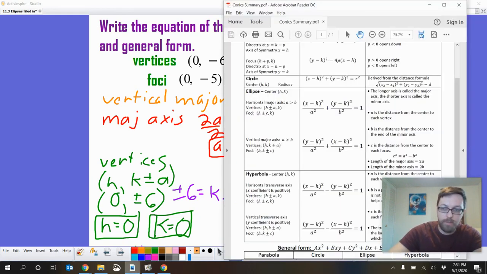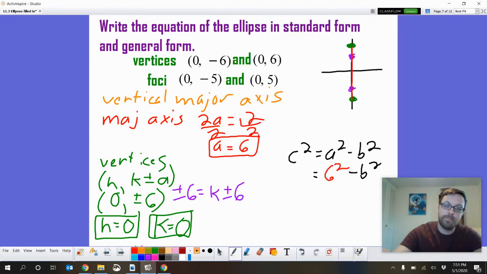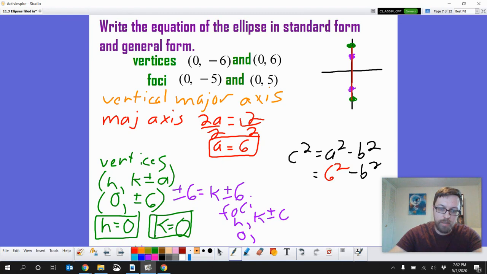Foci are at h comma k plus or minus c. All right, did that a little out of order. So our foci are at 0 comma plus or minus 5.